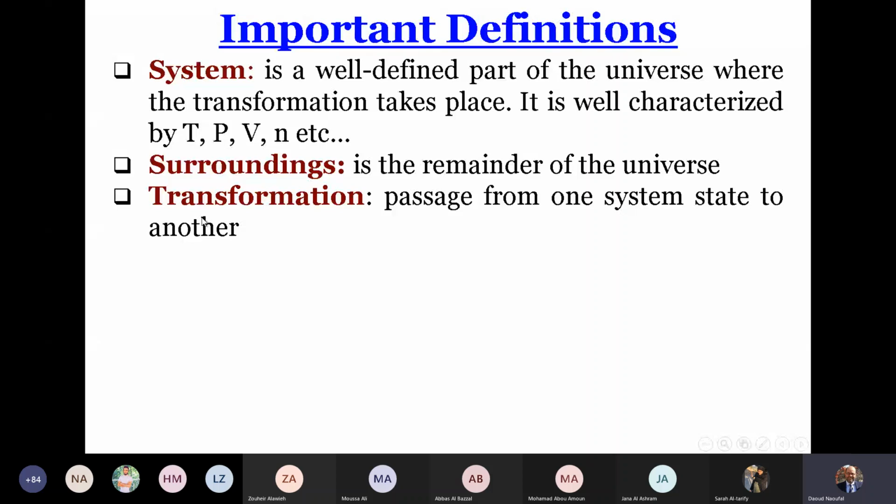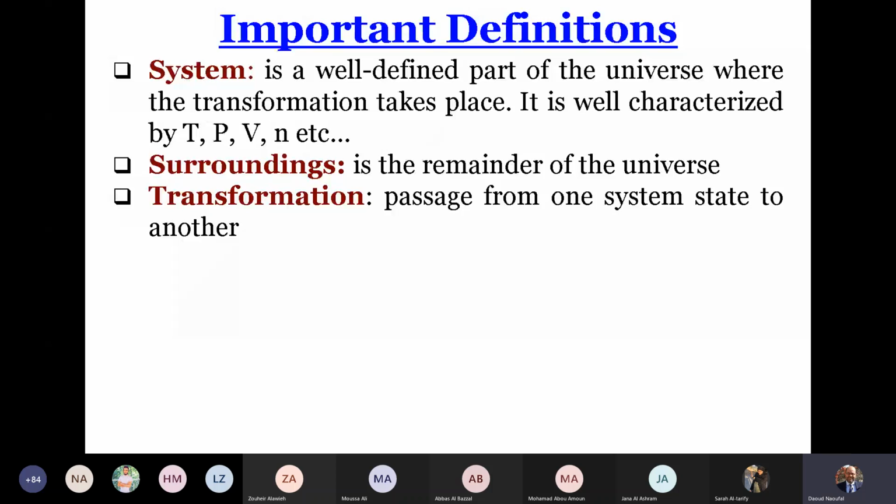What is a transformation? A transformation is the path from one system state to another system state. I return to the example of the student in the classroom. The student is in the first stage. He passed to stage number 10.